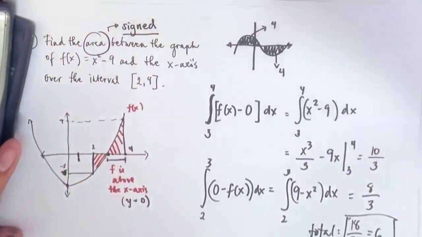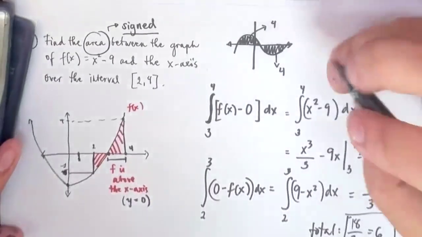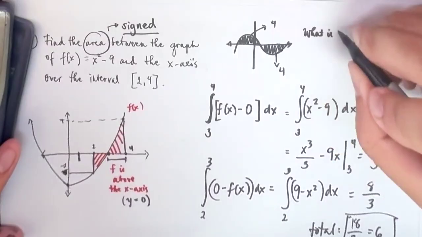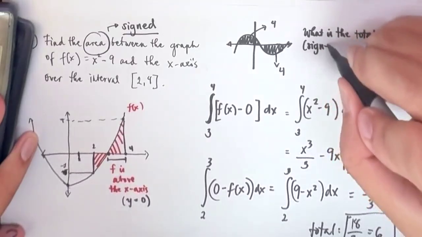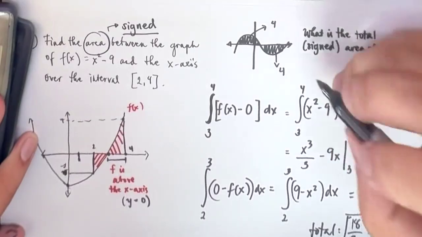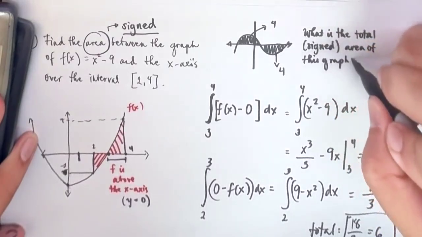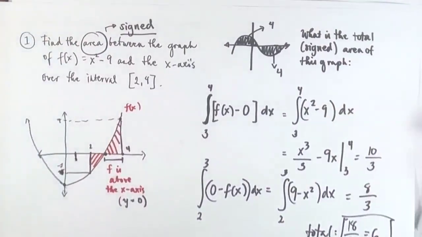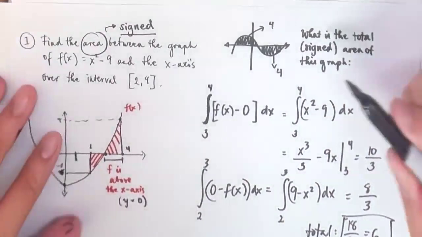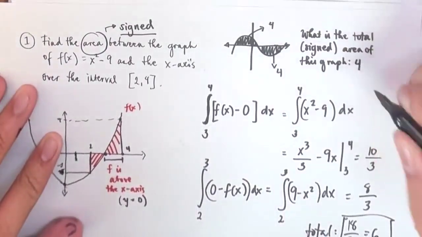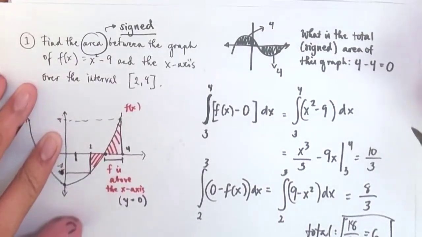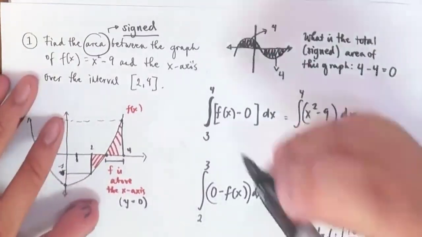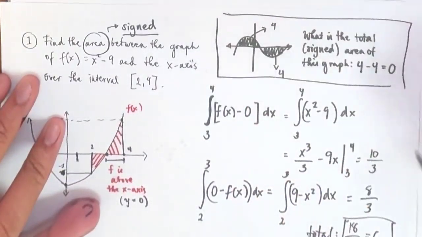Now, if the question asks what is the total signed area of this graph, this would be positive 4 plus negative 4, because the other area right here is below the x-axis.